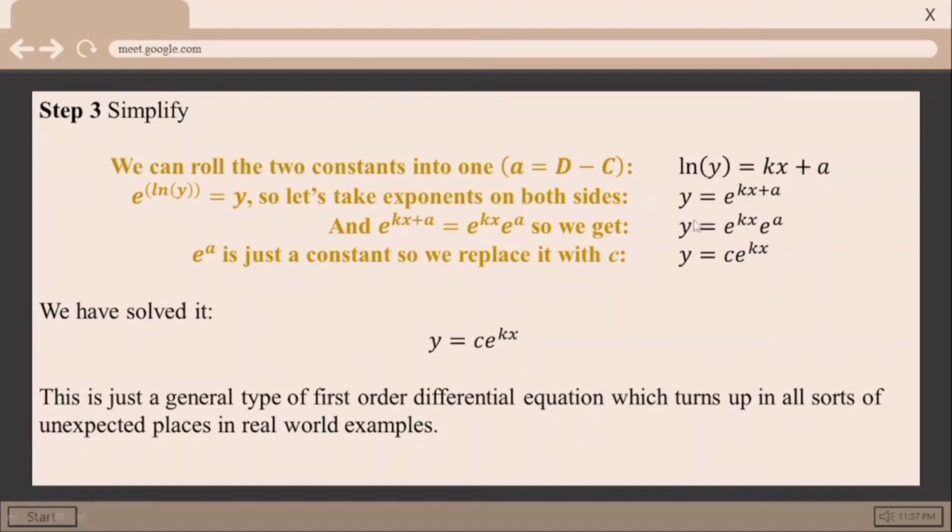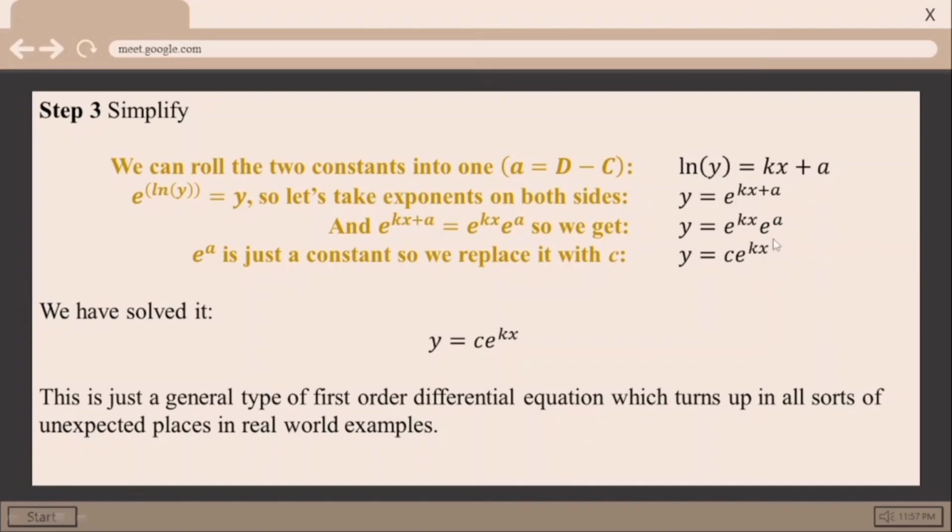Then let's take exponents on both sides. e raised to the power of ln of the quantity y is just equal to y. And then e raised to the power of kx plus a equals e raised to the power of kx times e raised to the power of a.